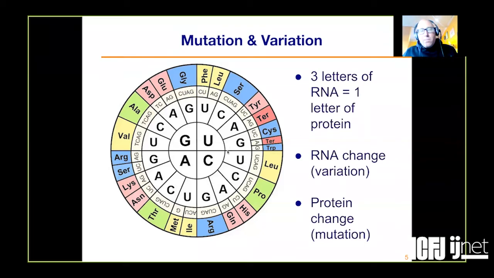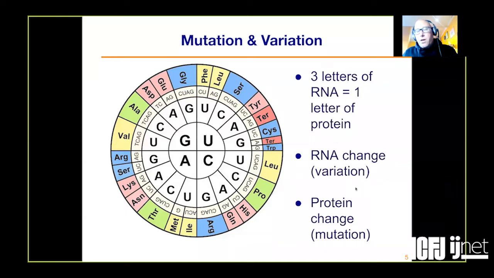Some combinations of letters can be synonyms. See this: here are the names of the different amino acids on the outside, but you see that a C, a U, and a U give you this amino acid, and a C, a U, and a G give you the same amino acid.